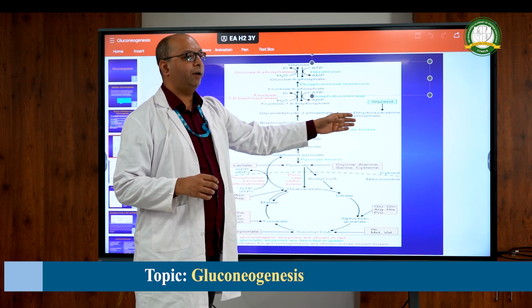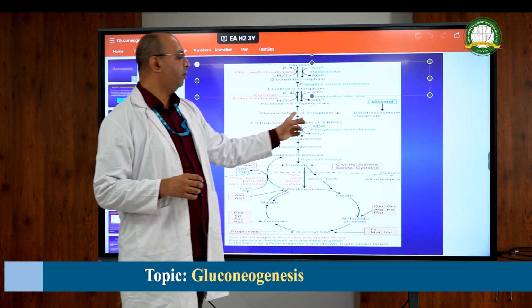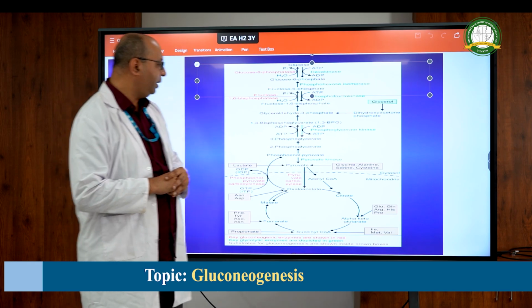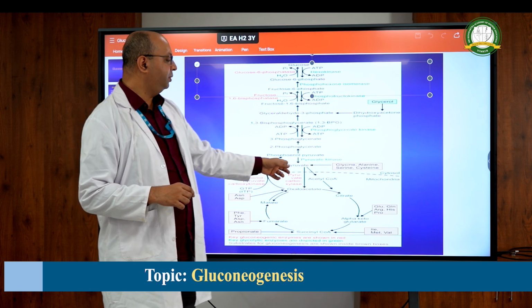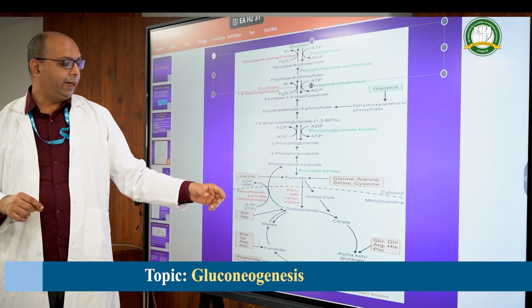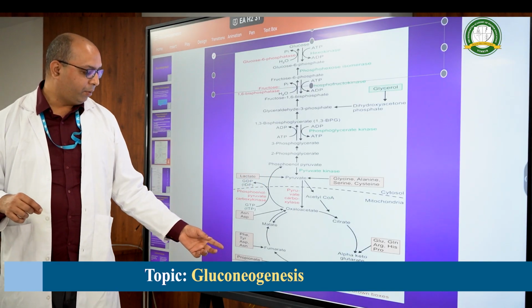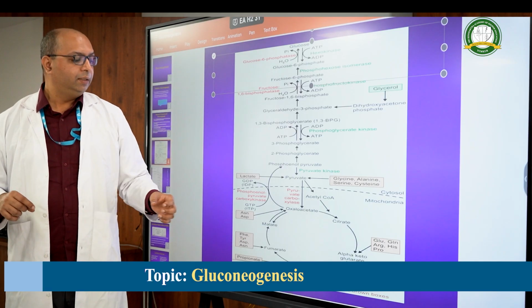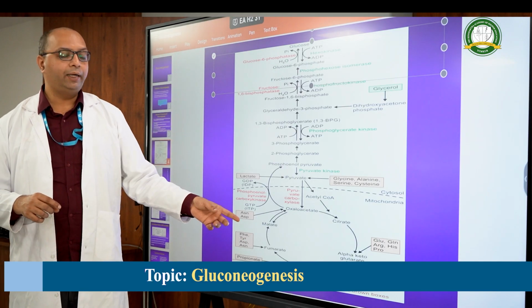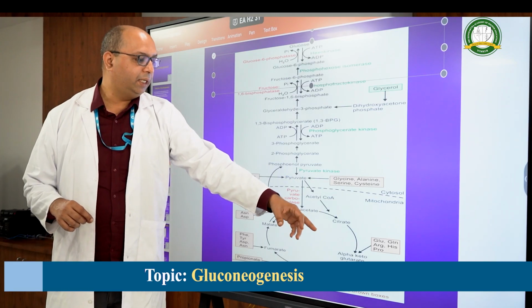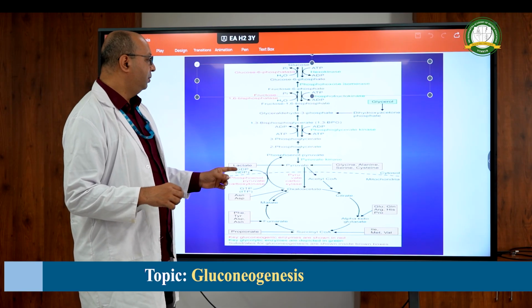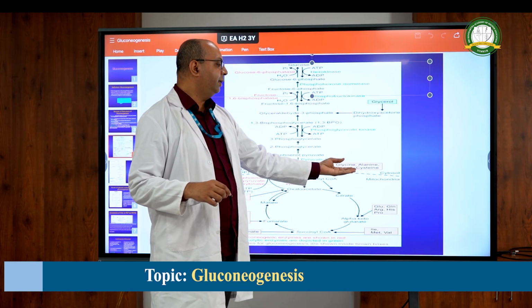Glycerol will form dihydroxyacetone phosphate, which will lead to the formation of glyceraldehyde 3-phosphate, and lactate will give rise to pyruvate by lactate dehydrogenase enzyme, and propionyl coenzyme A will form succinyl coenzyme A, which is the intermediate of TCA cycle.